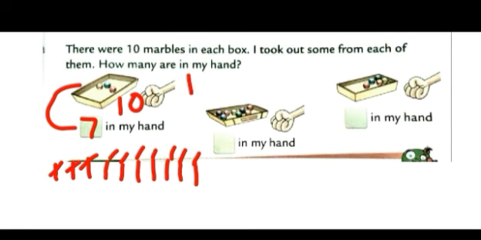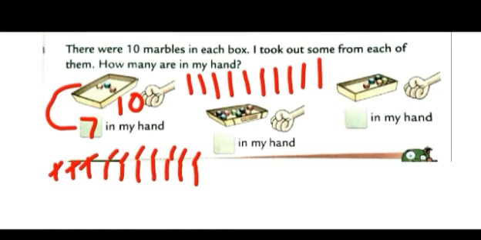Total 10 marbles are there and 8 are in the box. So let's cut them first. 1, 2, 3, 4, 5, 6, 7, 8. How many are left? 1, 2. That means 2 marbles are in my hand.